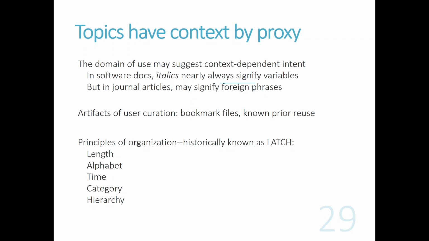Your artifacts of user curation may apply as a context as well. The bookmark files you created, any known prior reuse that you've done may inform how an application may reuse that information in the future. When we talk about prior reuse, for example, when you do a search, oftentimes the list that you get back is ranked by popularity or the number of times that you visited a site.